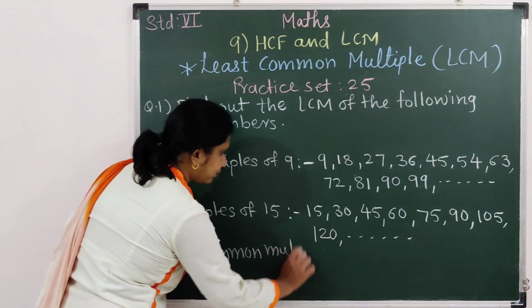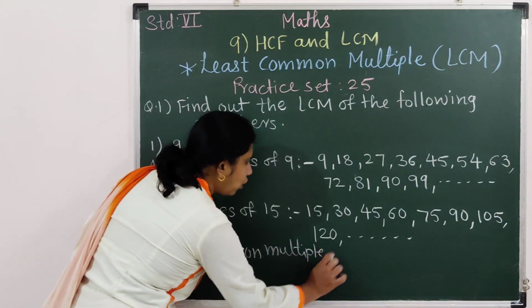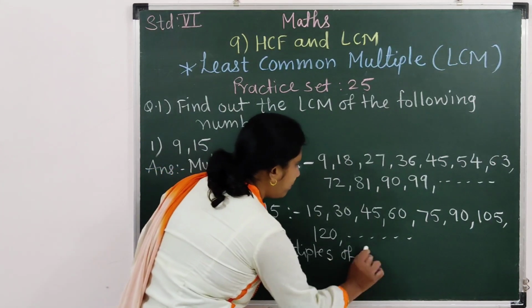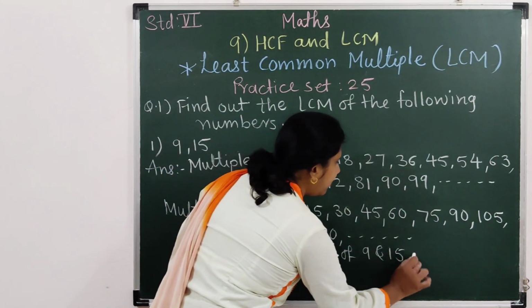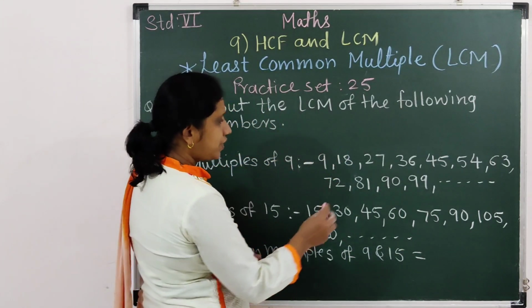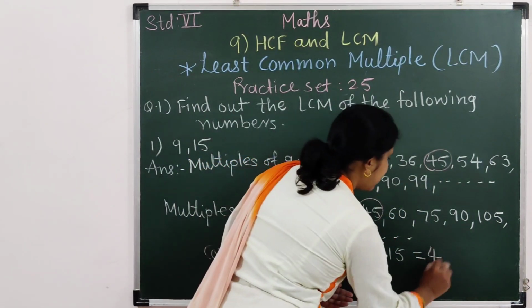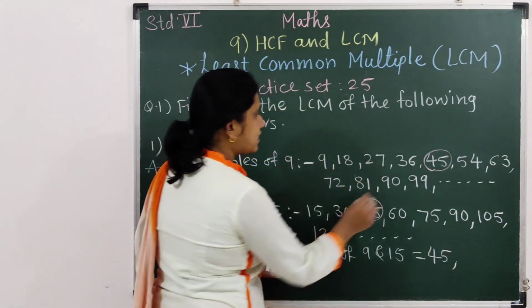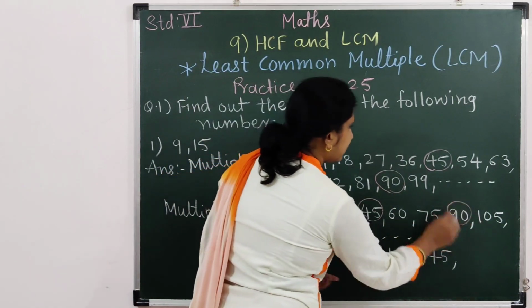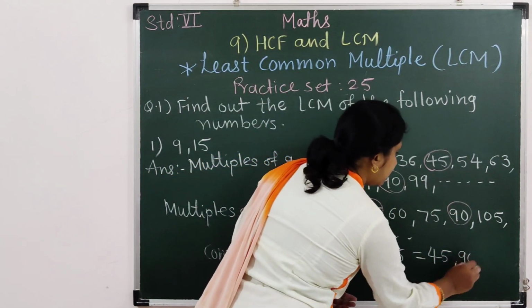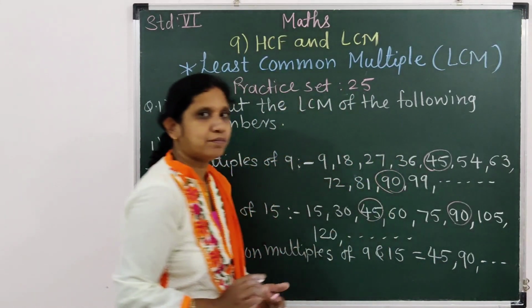Common multiples of 9 and 15 are, yes, 45 is common. Next common, yes, 90. We get many numbers.